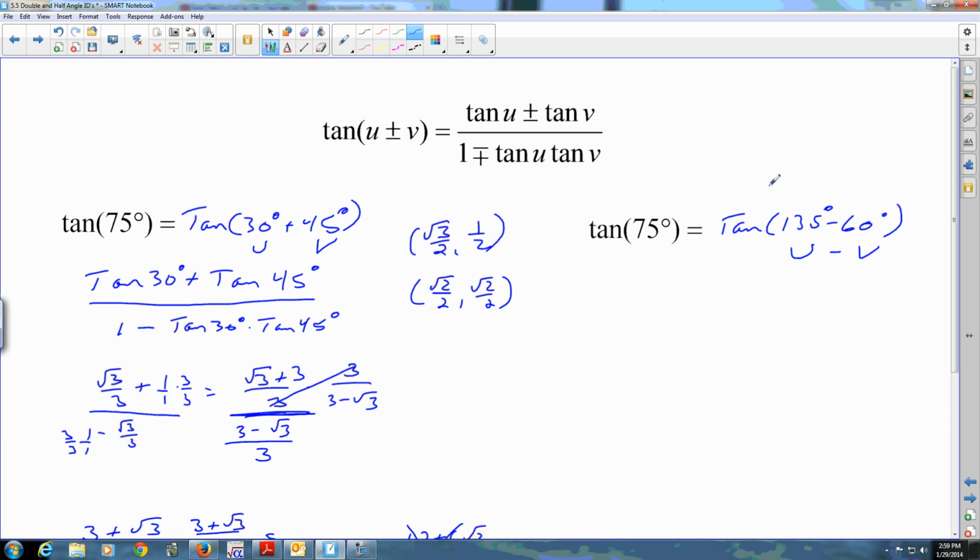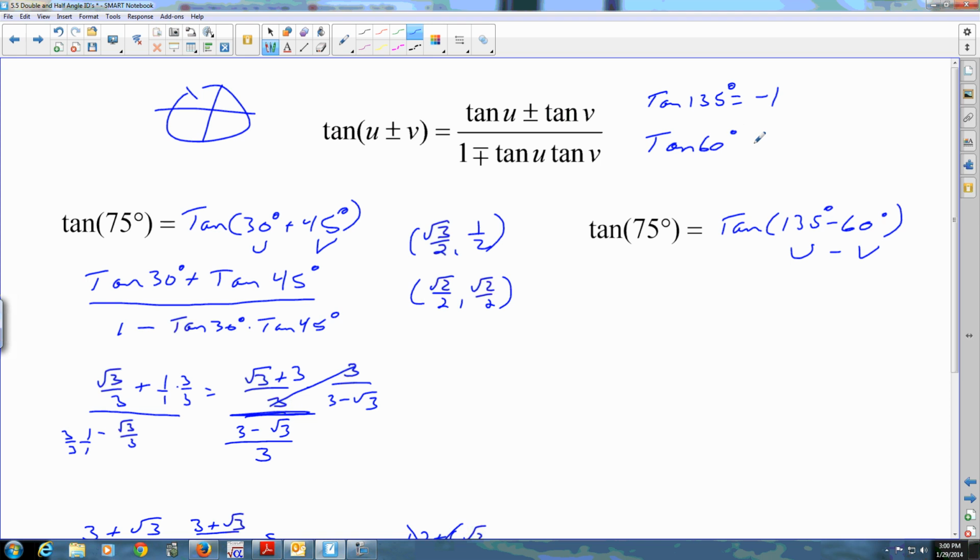Now ahead of time, I think it's a good thing if you guys figure out what the tangent of these individual things are going to be. Tangent of 135, okay, let's go over there and look. That's a 45, so they're identical numbers, but one's a plus, one's a minus, so it's negative 1.